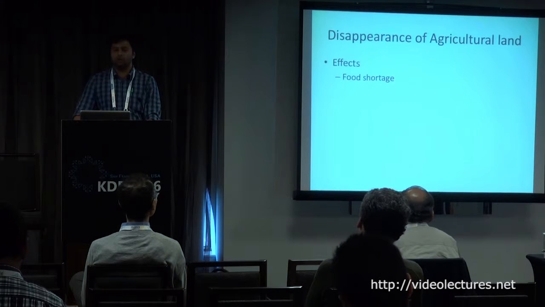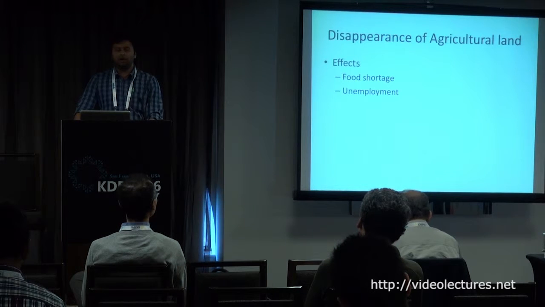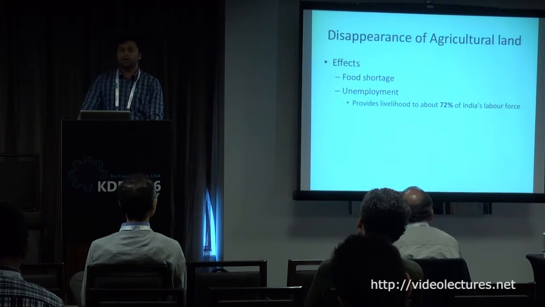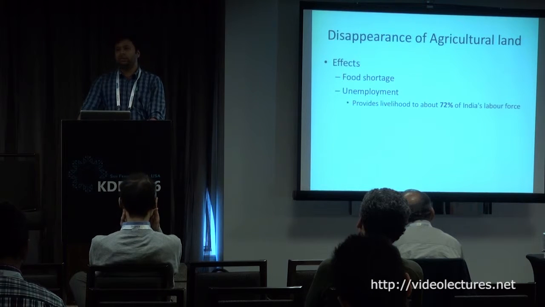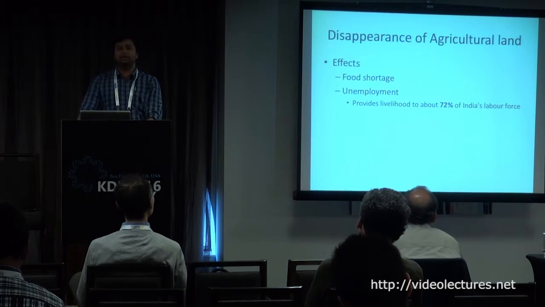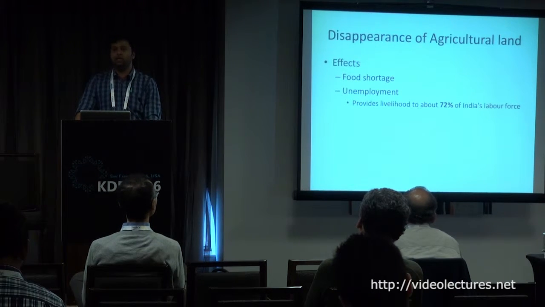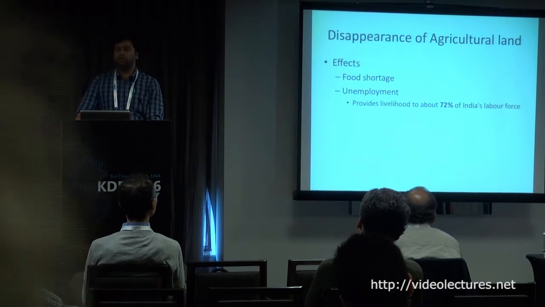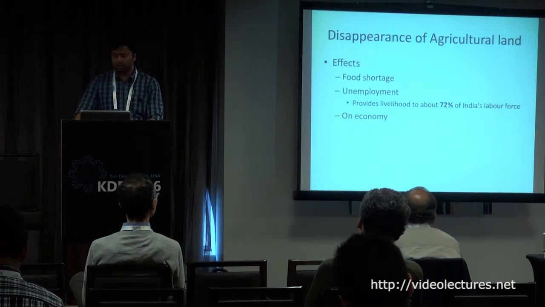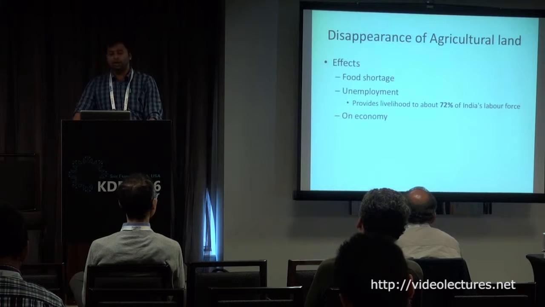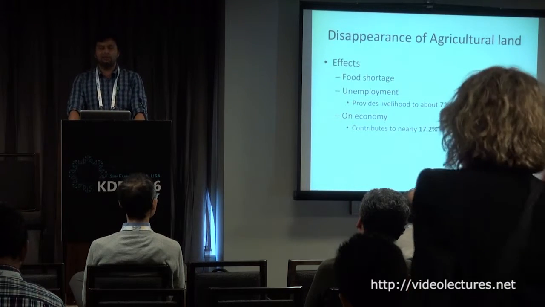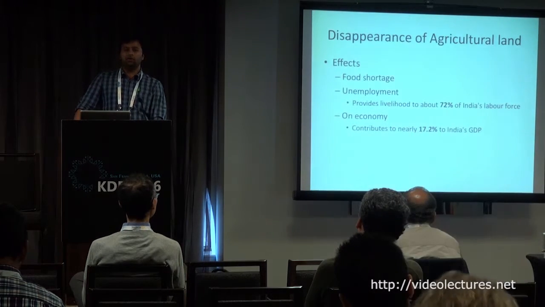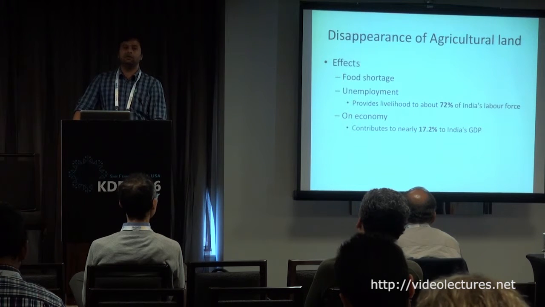It can lead to an increase in the unemployment rate because, for India, 72% of its labor force is directly or indirectly dependent upon agriculture, and this is similar to many other developing countries. And similarly, it can have a drastic effect on the economy. Again, presenting some stats from India, agriculture contributes almost 17% of the country's GDP.